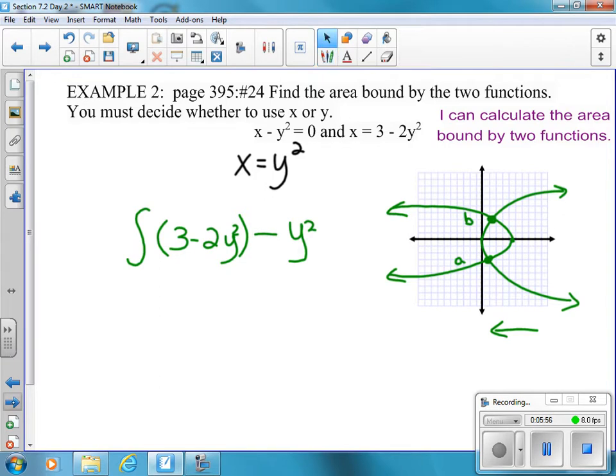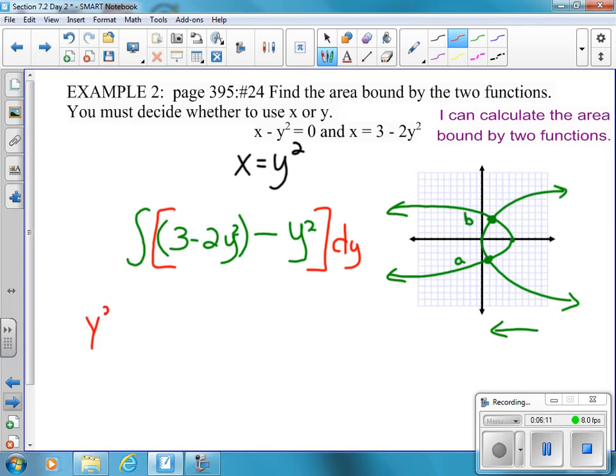Now, one thing you might want to do before you do all this integration is simplify the inside there a little bit. Now, if you set these two equations equal to each other, y squared equals 3 minus 2y squared. We could add 2y squared to both sides.